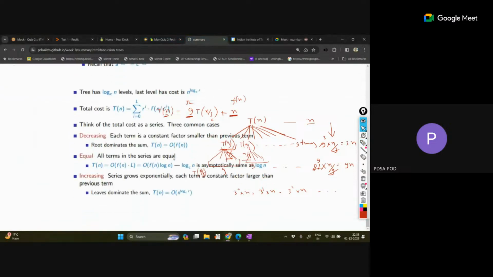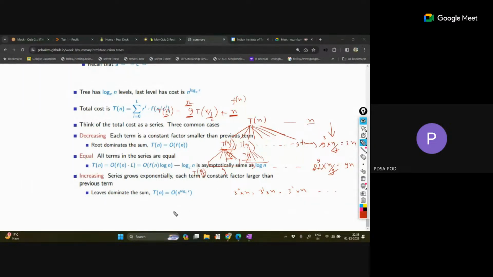At that time we use n to the power log base c of r. So we can conclude the complexity. What is the c value here? c value is 3, and r value is the number of recursive calls, 9.